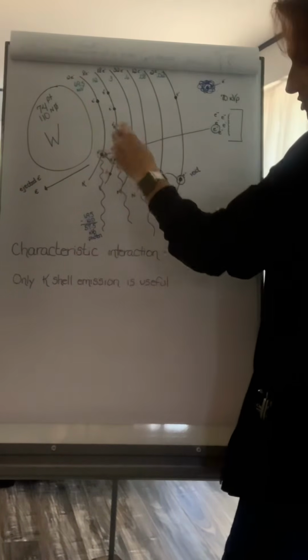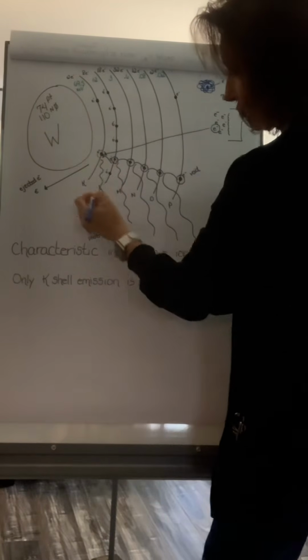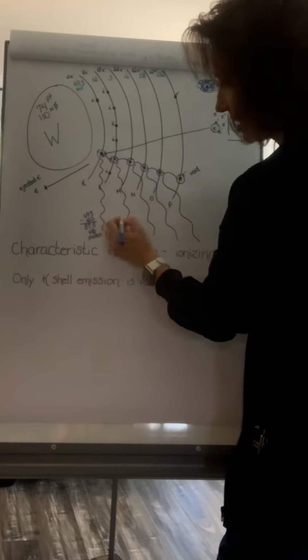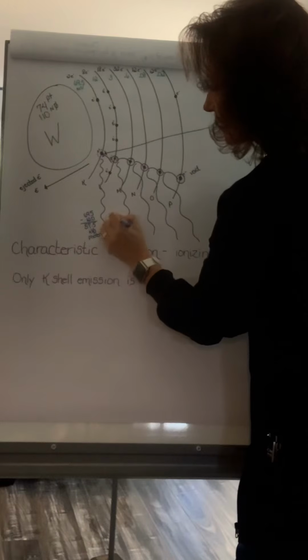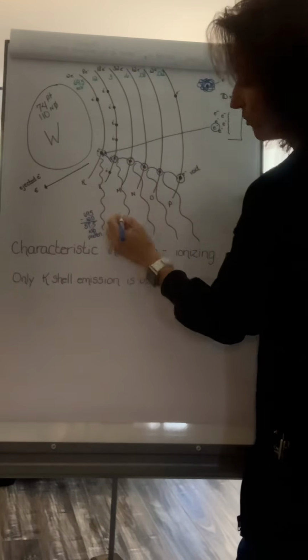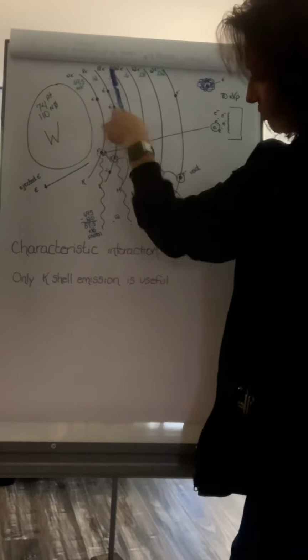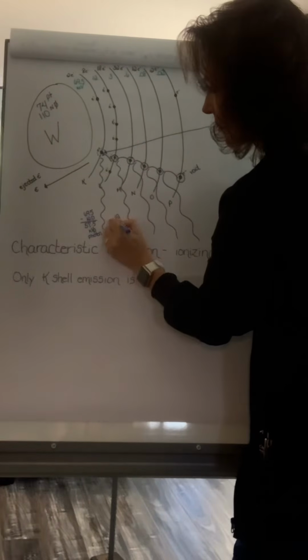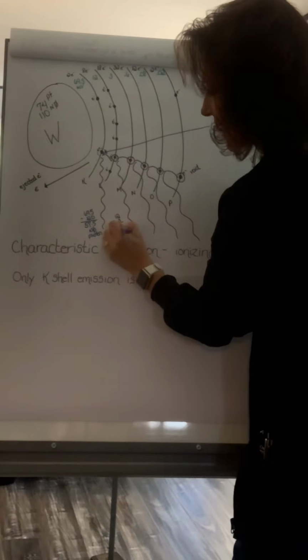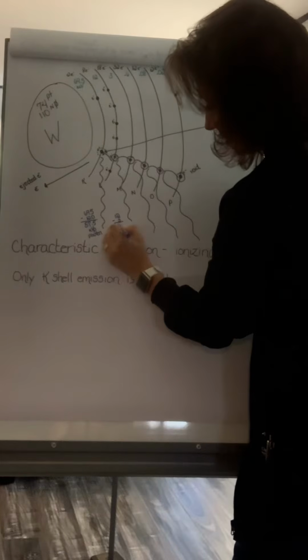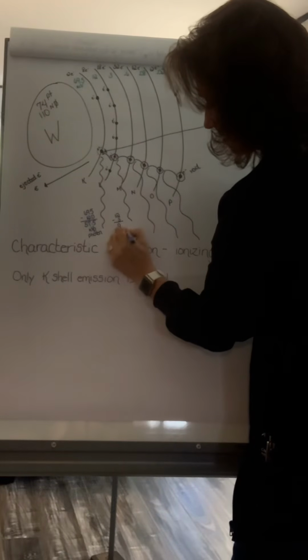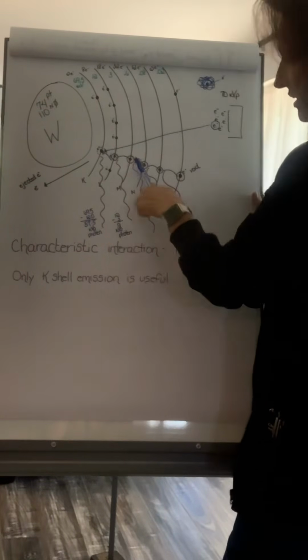What happened in the next? We just kept doing it, right? So then L shell gets knocked out for this one. L got knocked out, and M replaced it, which is 3. So it's 12 minus 3. What do we end up with? A 9 kVp photon. And we can keep going.